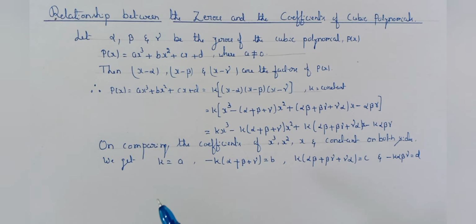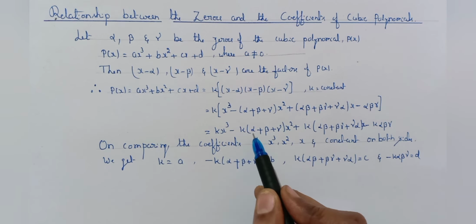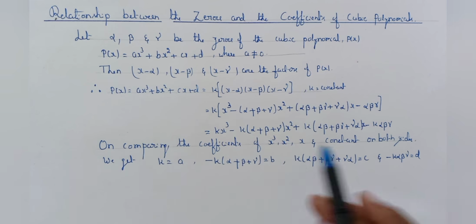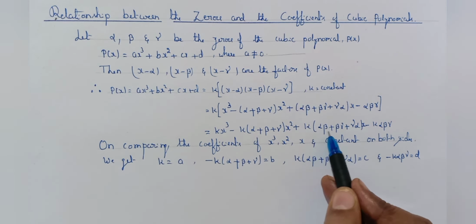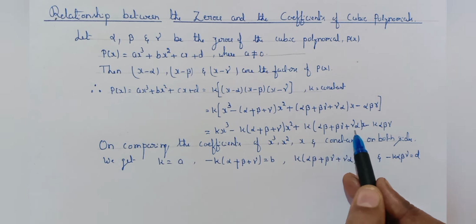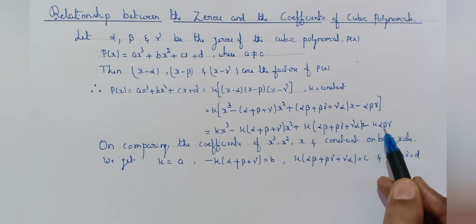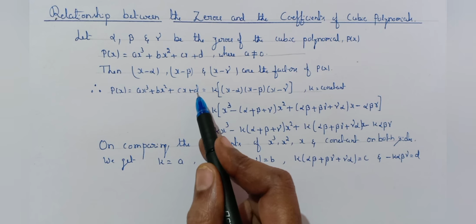Next, by comparing the coefficients of x³, x², x and the constant on both sides, we get k is equal to a, and minus k into (alpha plus beta plus gamma) is equal to b, and k into (alpha beta plus beta gamma plus gamma alpha) is equal to c, and the constant, minus k alpha beta gamma, is equal to d.